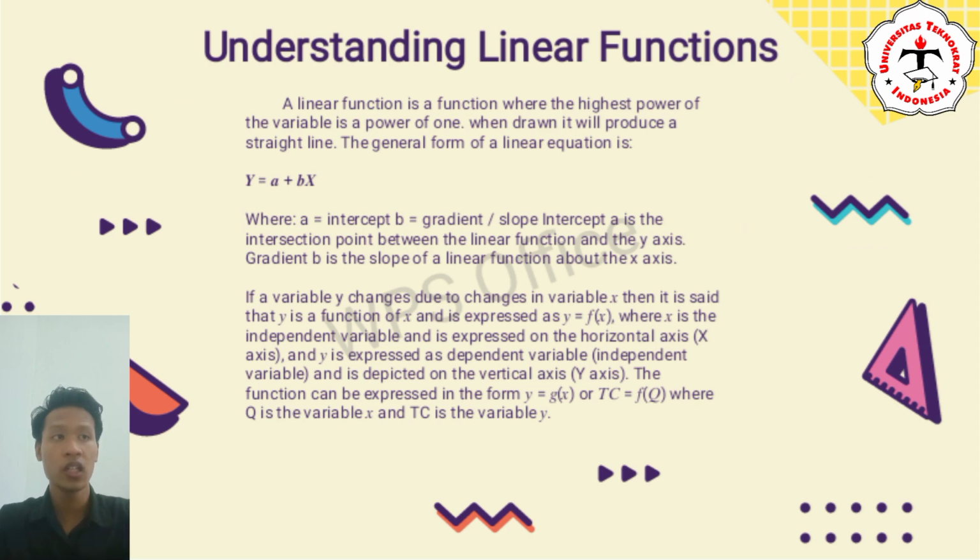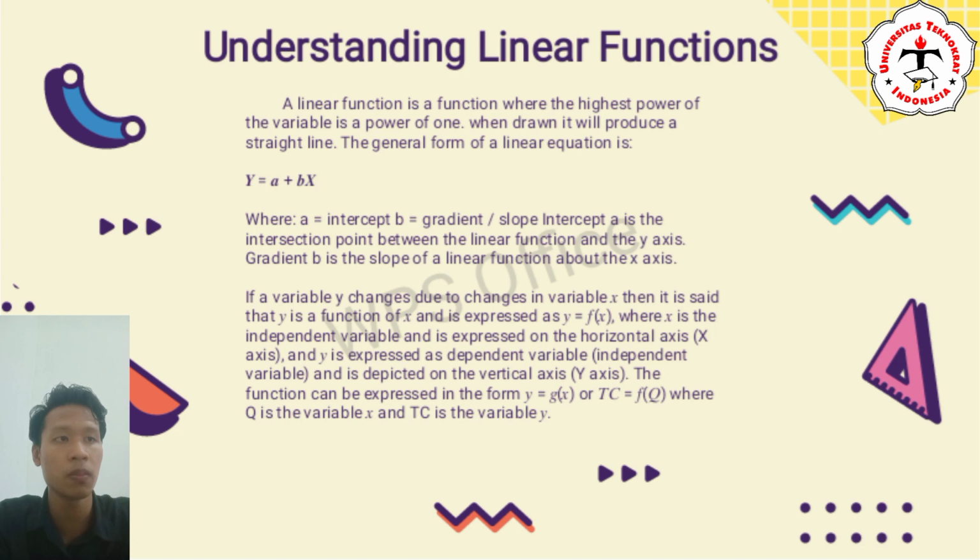Understanding linear function. A linear function is a function where the highest power of the variable is 1. When drawn, it will produce a straight line. The general form of a linear equation is y equals a plus bx, where a equals intercept, b equals gradient or slope.